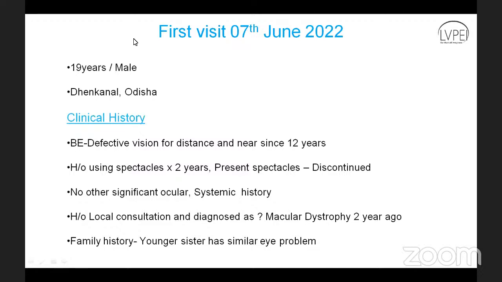The second most common chief complaint is whether the defective vision is central or peripheral. In retinitis pigmentosa, the defective vision is mostly peripheral, whereas in the case we are discussing, the defective vision is central. So it is very important, whenever we are taking clinical history, to note whether the difficulty or defective vision for distance and near is central or peripheral.